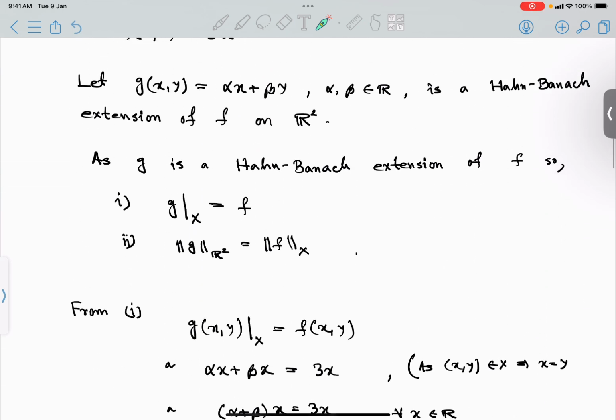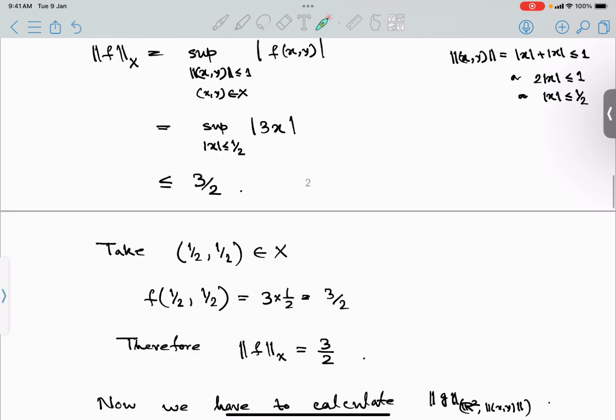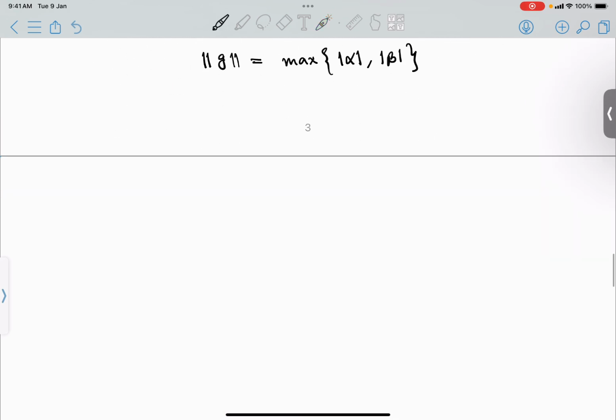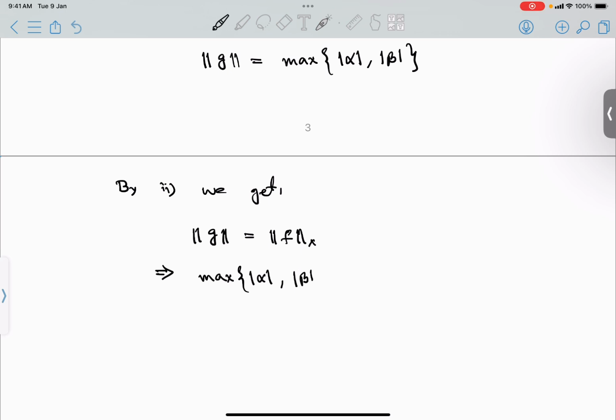And condition 2 says that both these norms will be the same. So by 2, the norm of G is the same as the norm of F, which implies the maximum of mod alpha, comma mod beta is 3 by 2.